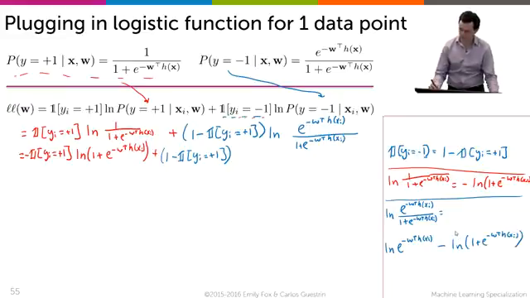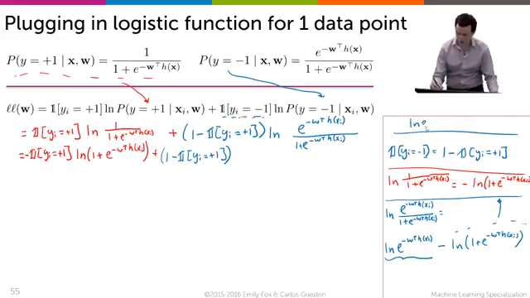Let's note two things. First, the second term is exactly what we had up here, so things are starting to look very similar. And what is the log of the first term? Here's another log trick: the log of e to the something, say e to the a, is exactly equal to a. So in this case, the log of e to the minus w transpose h of xi is just minus w transpose h of xi.